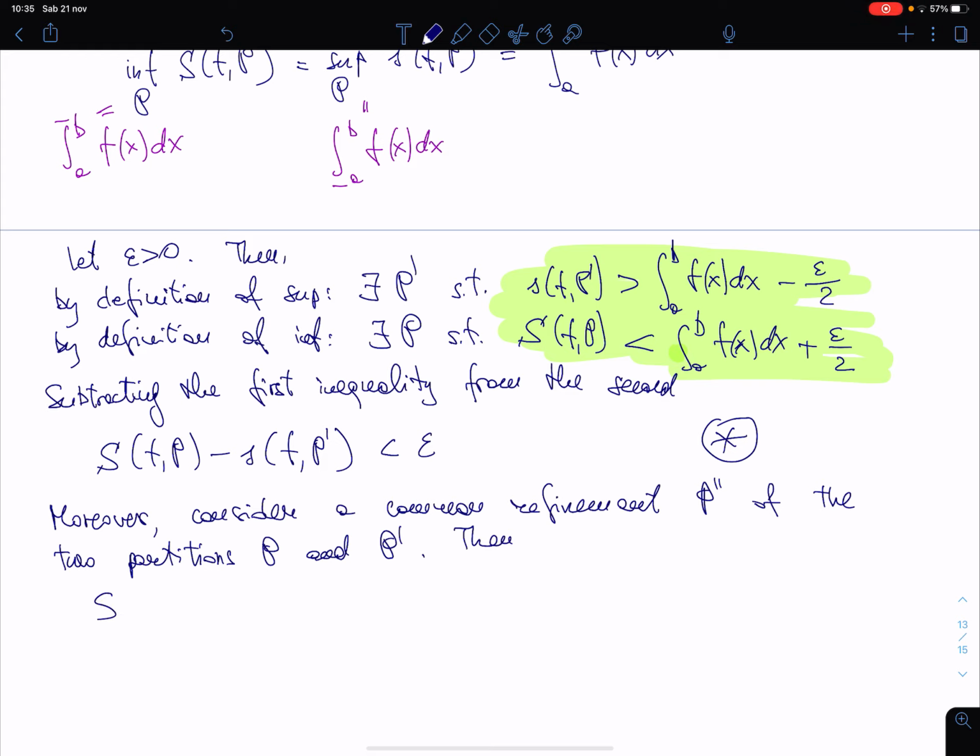Now compute the difference between the upper sum of the function f with respect to the partition p second minus the lower sum of the function f related to the partition p second.